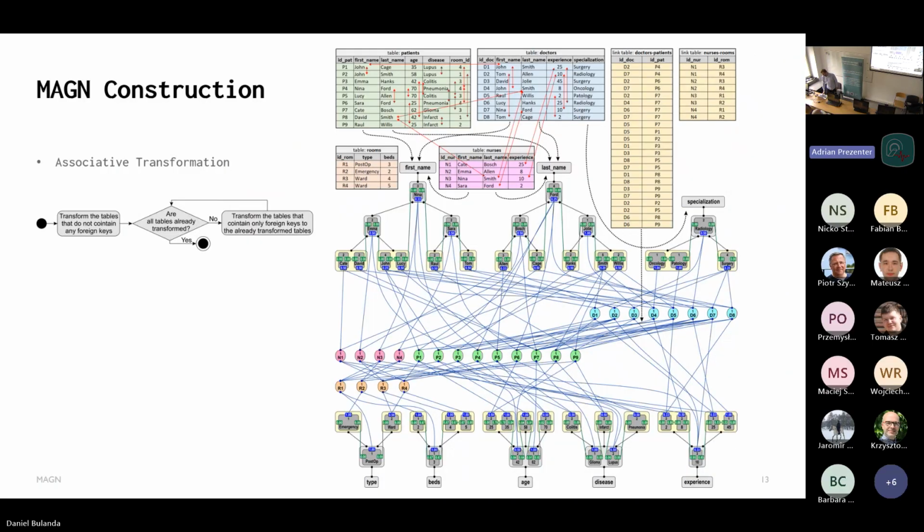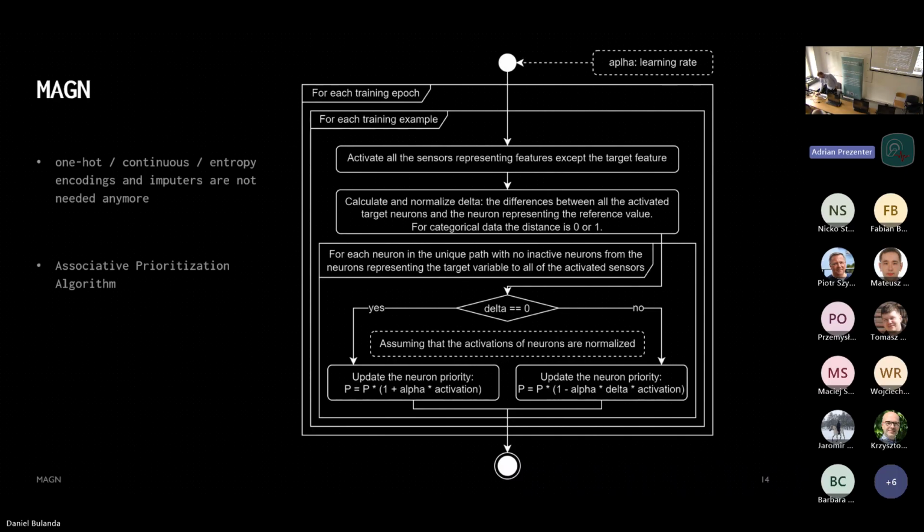Just how it may be constructed from tables, I think I can skip it. Not very important. Maybe two important things. Those models don't require any sort of encoding, like one-hot or entropy encoding, and imputing features. Why is that? Because we completely get rid of the idea of tables or tensors. So we don't need to fulfill an assumption that everything must be a number, because this is a symbolic structure.